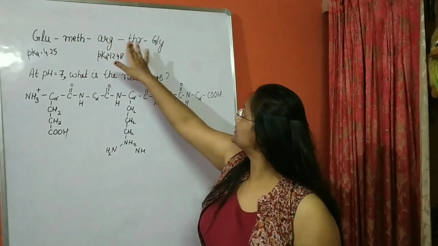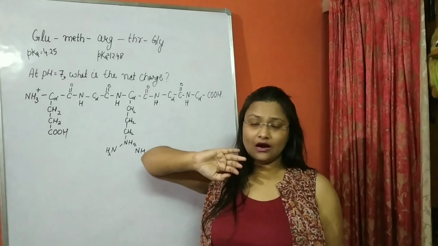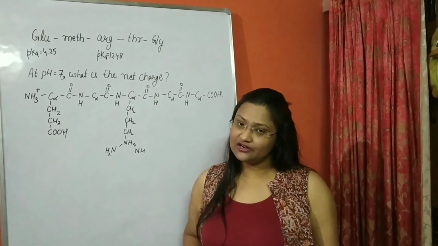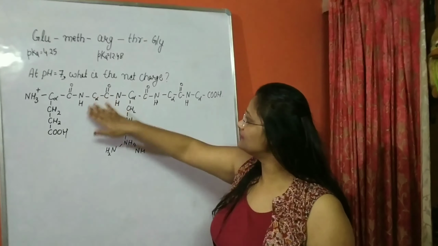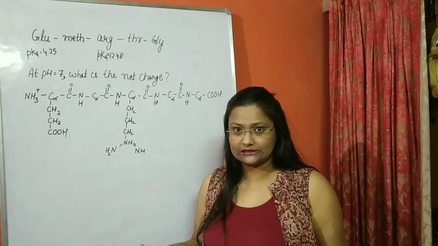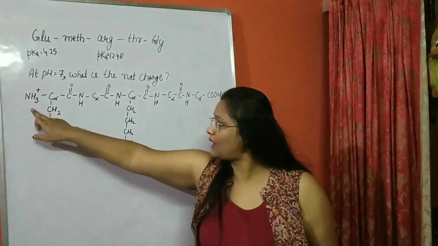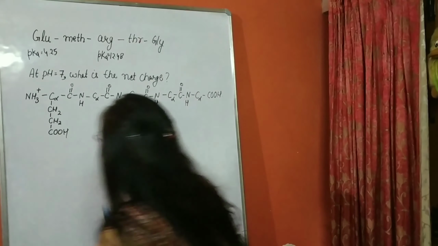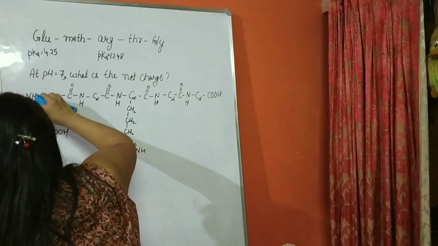Methionine and threonine have side chains, but their side chains are non-ionizable. I'm not showing their structure because it will unnecessarily complicate things, because we are only concerned with these, which are the only ones that are ionizable.